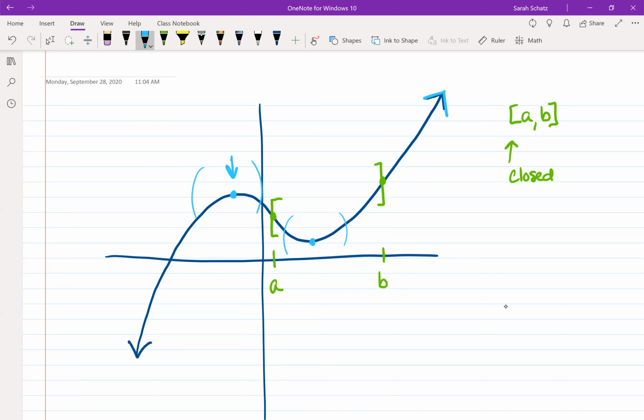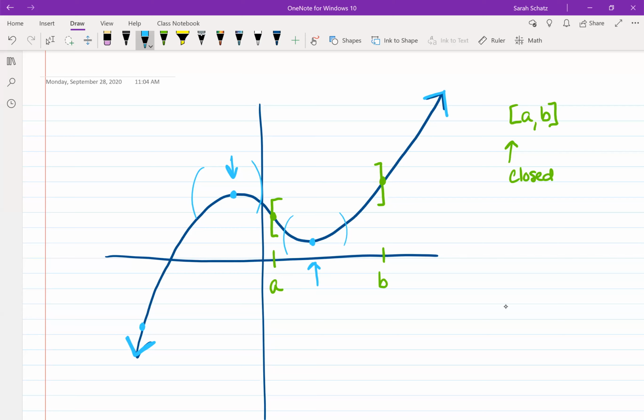And the same with this minimum. It's a minimum relative to the points around it, but it's not what we would call the absolute minimum value of the function, because this function goes down forever over here. If you think you're at the lowest point of the function, no, it's not, because it's going to keep going forever.